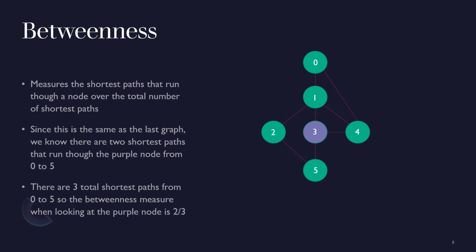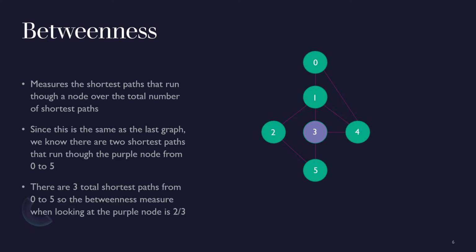Finding the betweenness measure is similar to finding the stress measure, and we did talk about this a little bit in the motorist example, but betweenness is the measure of the total number of shortest paths that travel through a specific vertex over the total number of shortest paths in general.